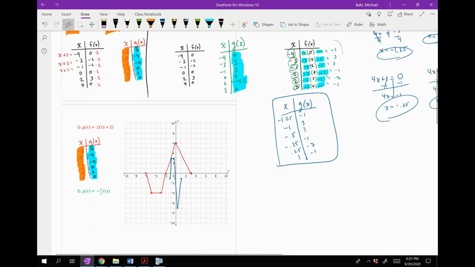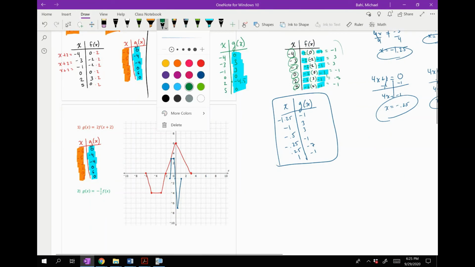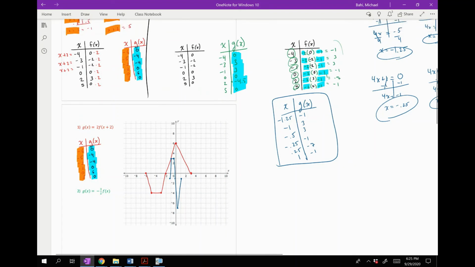And then let's go ahead and plot the green part. -4, comma 0. -3, comma 3. -1, comma 3. 0, 0. 2, -4.5. And 5, comma 0.